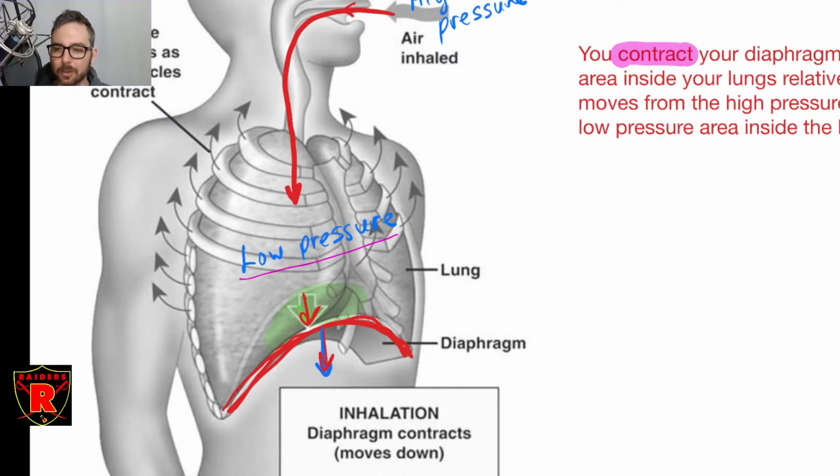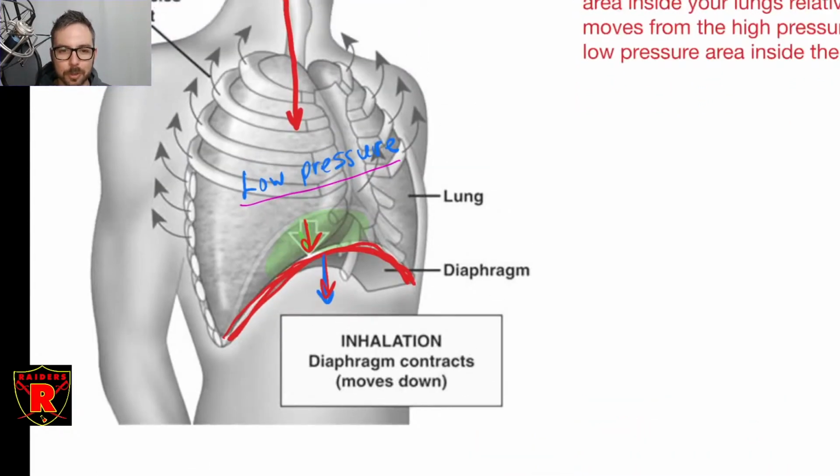You feel an increase in pressure pushing out, and the reason for that is because when you're contracting your diaphragm, it's pulling down on your lungs and pushing down on the stuff that is in your abdominal cavity. And so that increases the pressure on your abdominal side. That's the pushing out feeling that you feel.